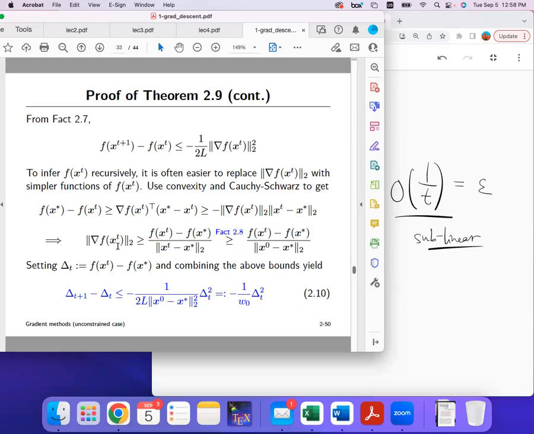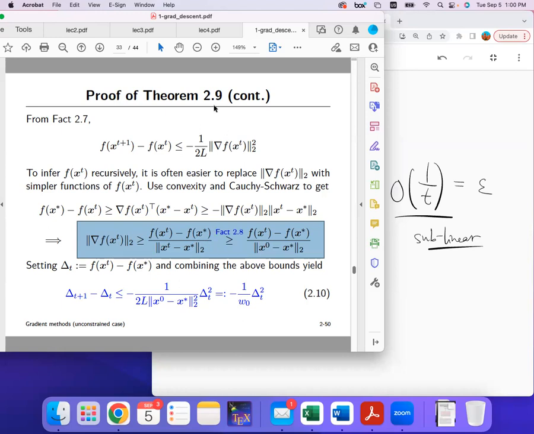Now what we do is plug this inequality back into the first one. You can see it is consistent, because this is less than or equal to, but we have a negative sign here, while this one is greater than or equal to. If you multiply by a negative sign, it will be less than or equal to.